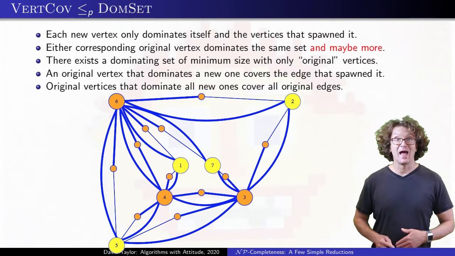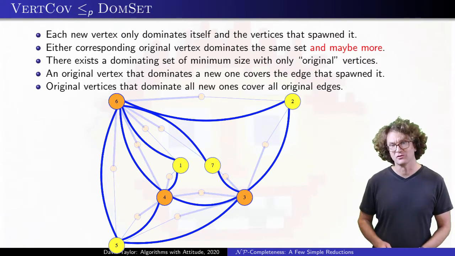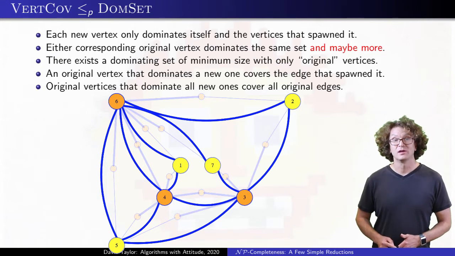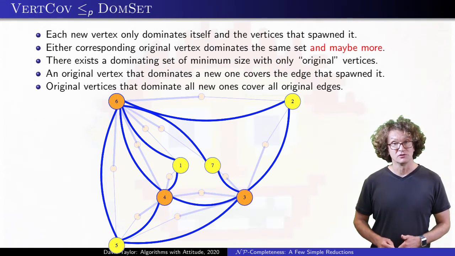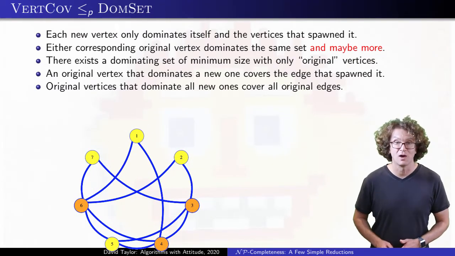They cover at least half of the new edges too, but we don't really care about those. We're looking for a vertex cover in the original graph. There's a minimum sized dominating set in the new graph that doesn't include any of the new vertices, and those vertices form a vertex cover in the original graph.